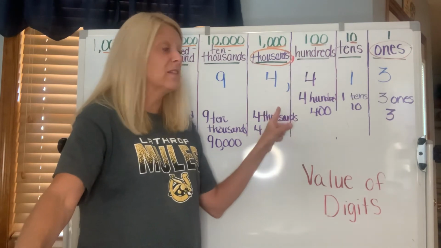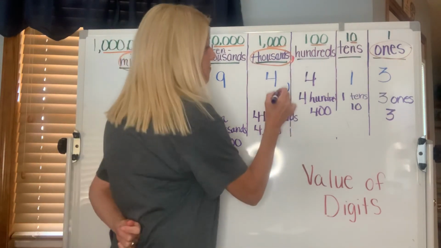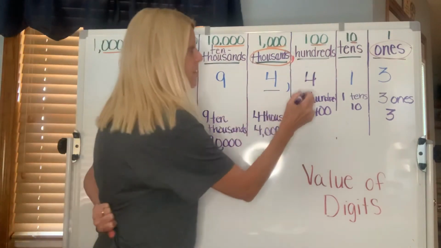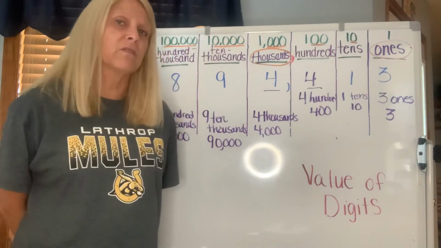What is the difference between the 4 in the thousands place and the 4 in the hundreds place?